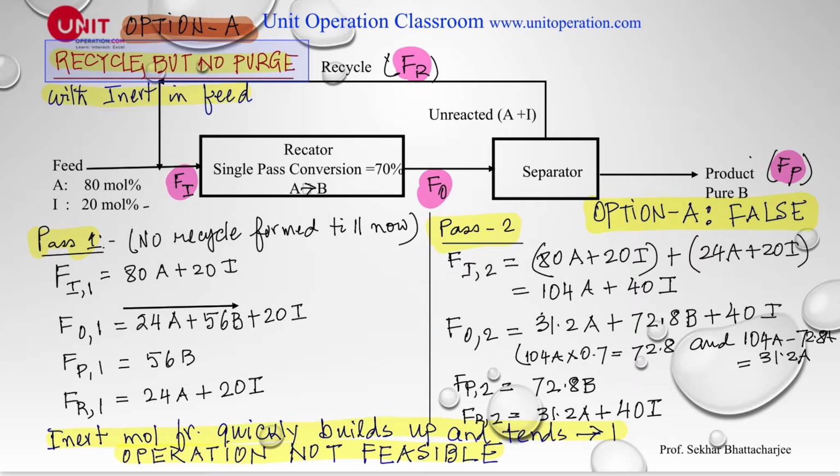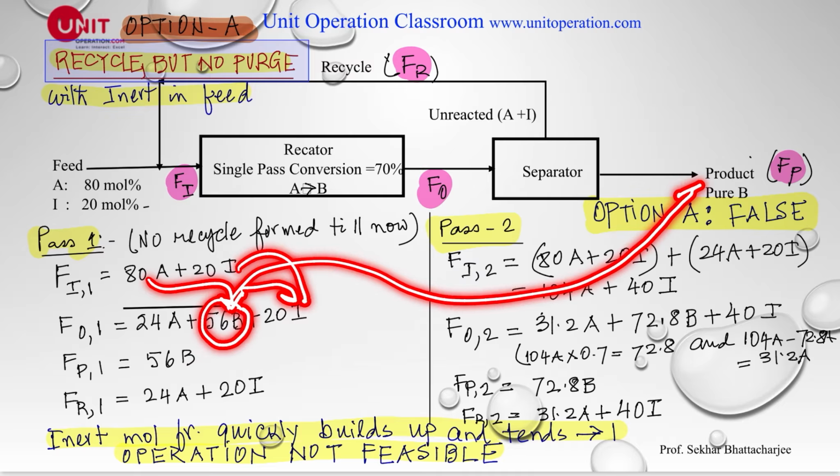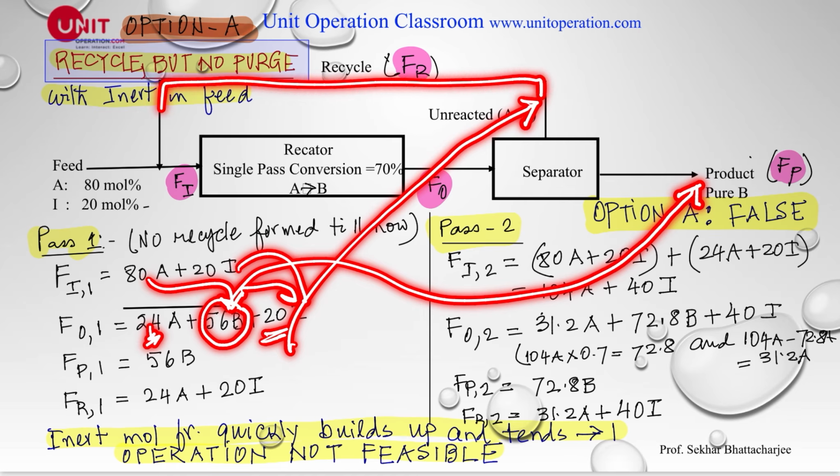Out of 80A, 30% will remain unreacted and 70% will get converted into B. And inert as it is will go here. Out of that, 56B will go directly to the separator, and 24A and 20I will go right here. And that comes back and mixes again with this 80 moles of A and 20 moles of I.